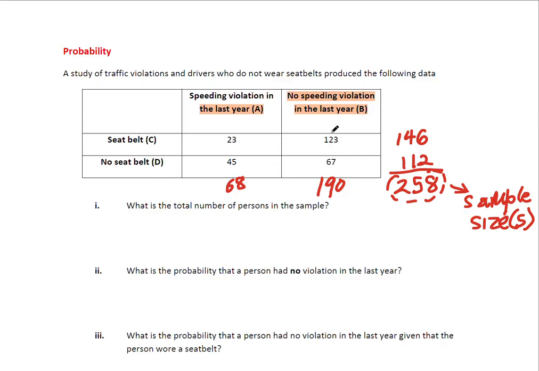This 123 represents the number of persons who wore seatbelts and had no speeding violation in the last year. And the 67 here represents the number of persons who did not wear any seatbelts and also had no speeding violation in the last year. So all of these figures represent the intersection value for two variables.